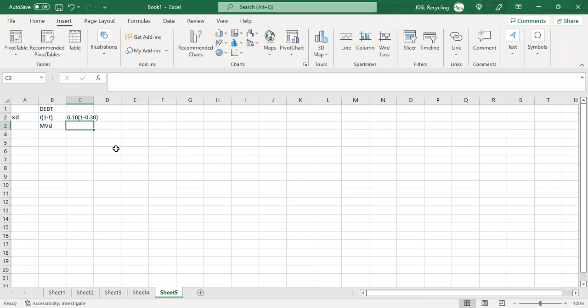We close our brackets, divided by 90. So this will now be equals to 0.10 multiplied by 1 minus 0.3. What do we have?